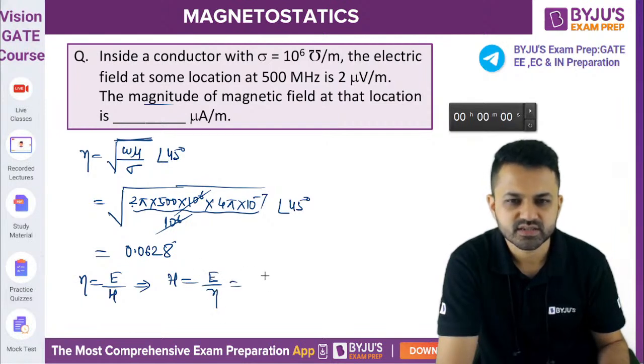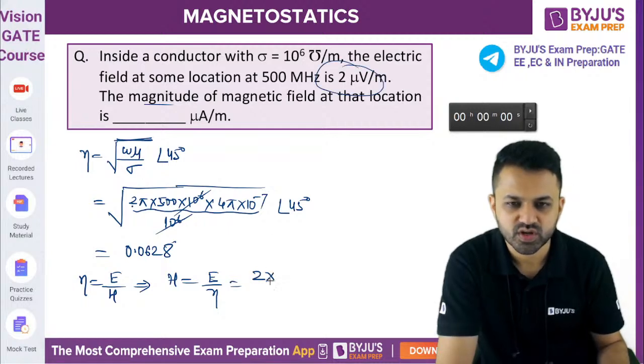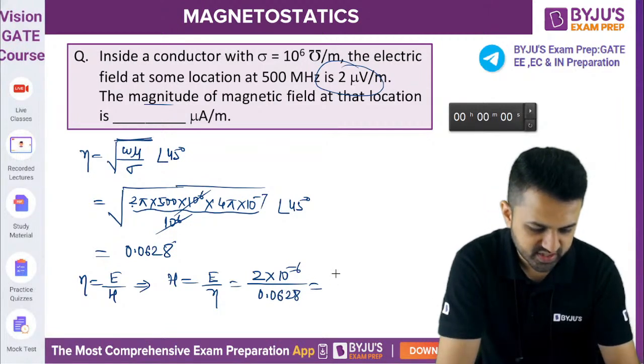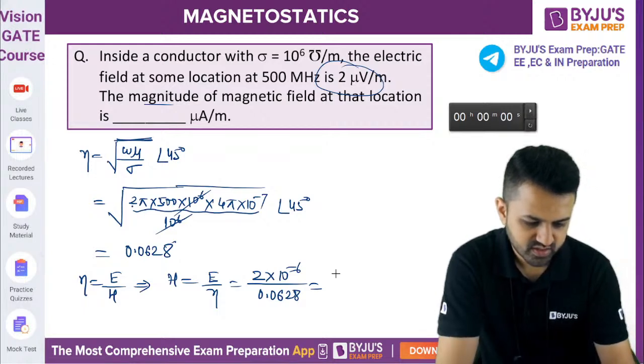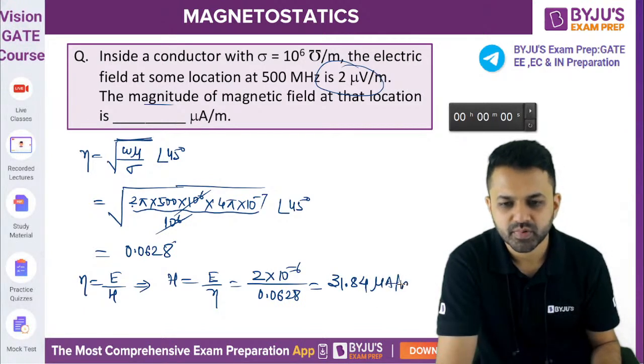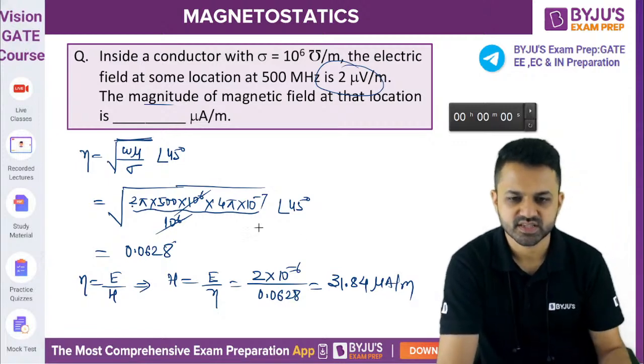E is your electric field, 2 microvolt is given. So 2 into 10 to the power minus 6 divided by 0.0628. We just need to divide 2 by 0.0628. This is 31.84 microampere per meter. This is the answer.